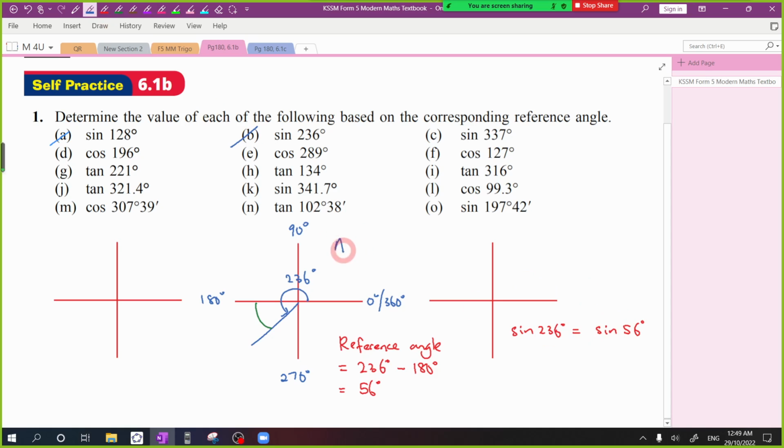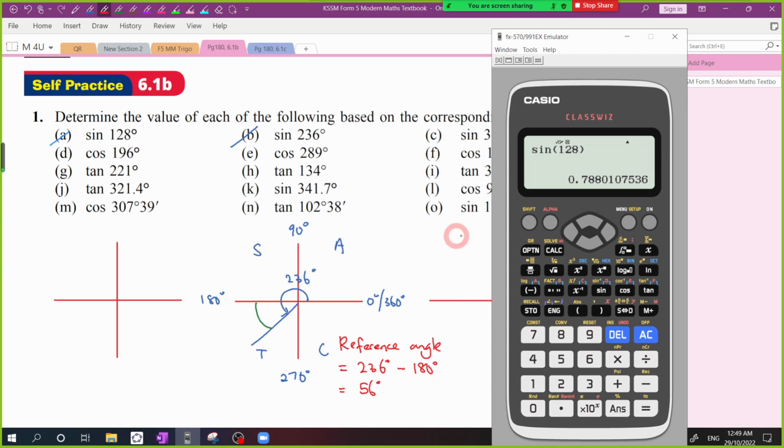According to this ASTC, in this quadrant only tangent positive. Now we are talking about sine, right? So we need to add a negative sign. And the next step, copy the negative and press your calculator, sine 56 degree.